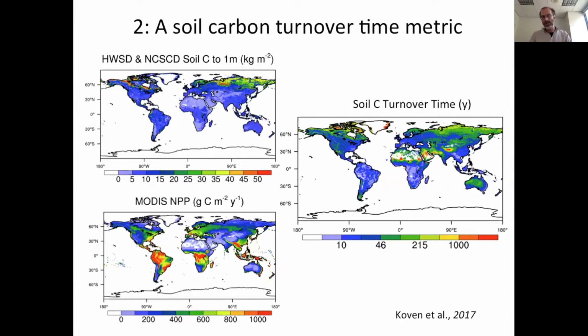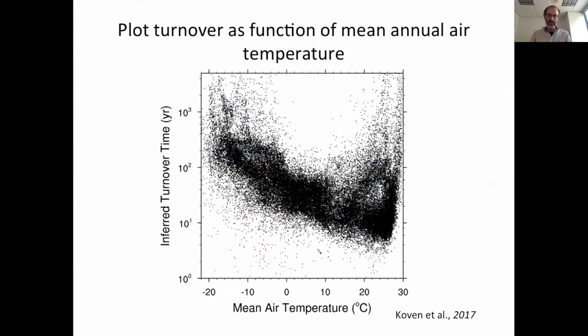If you take the ratio of those two things, they give you a metric of the soil carbon turnover times globally. Now the key thing is that we want to be able to think about how different processes control this. If you're interested in the temperature sensitivity, one way of thinking about it is to plot this turnover as a function of the mean annual air temperature, and then look at how this relationship varies globally to get an assessment of the spatial sensitivity.